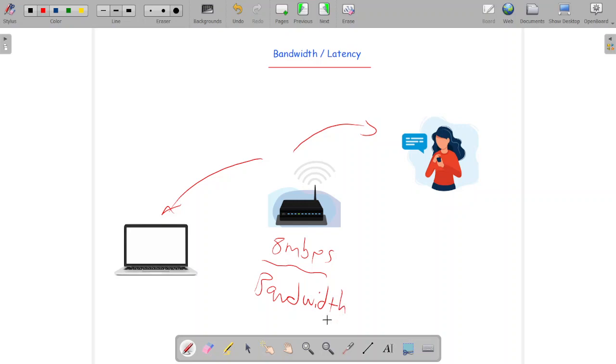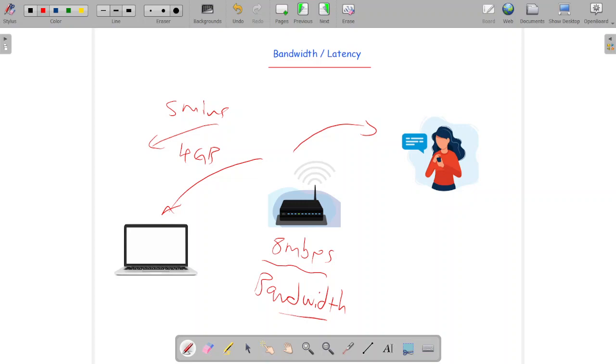Bandwidth, as terminology, is the amount of data transferred per second. If I say it's going to be 4 gigabytes or whatever it is, and it's going to be transferred in 5 minutes, the amount of data transferred per time, that's the bandwidth.